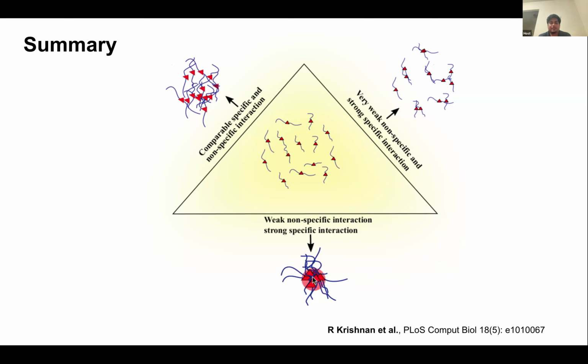So we claim that there's a need for weak non-specific interaction for this strong specific interaction to come together. This study states that weak non-specific interaction guided phase separation helps in the aggregation process. That is what we conclude from this study.